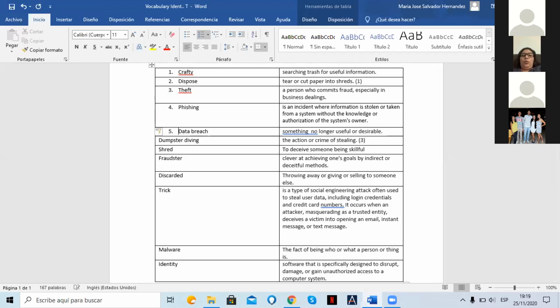I don't know. And you know what? For me, a person who commits fraud, especially in business dealing, is number 8, the third sentence. I agree. I agree too.